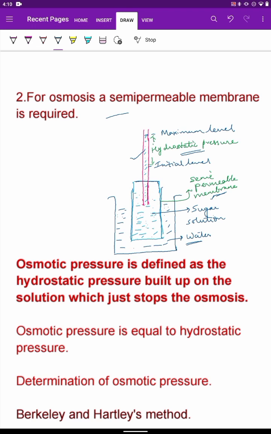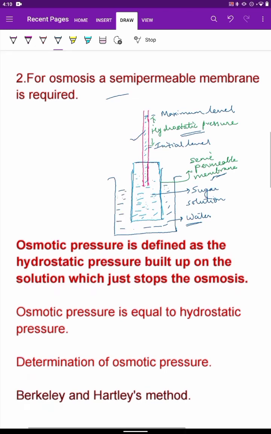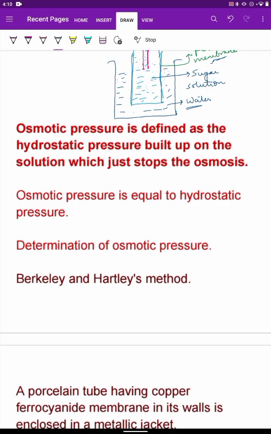At equilibrium, osmotic pressure is equal to the hydrostatic pressure. So we can also say that pi is equal to h d g. Here h is the increase in level in the tube, d is the density of the solution, g is the acceleration due to gravity.